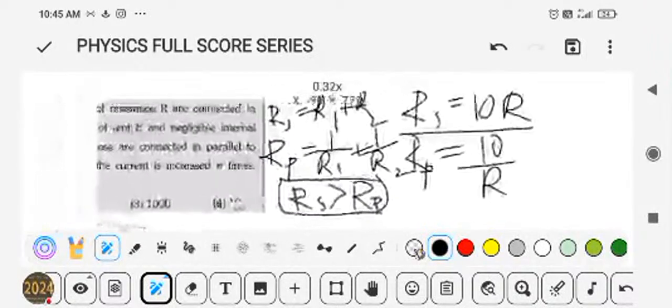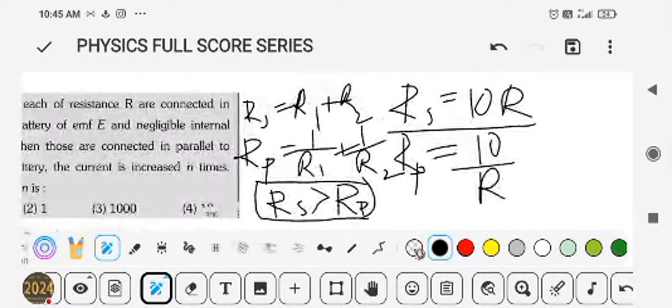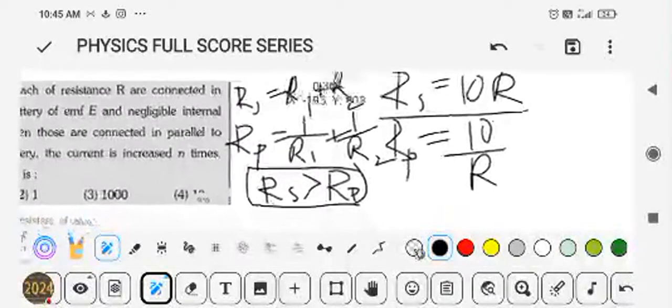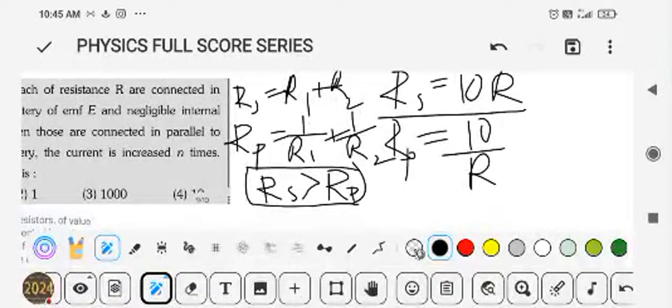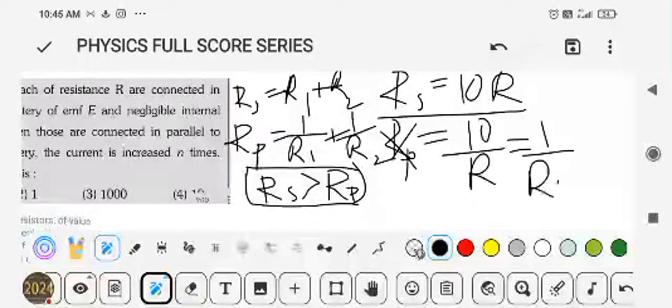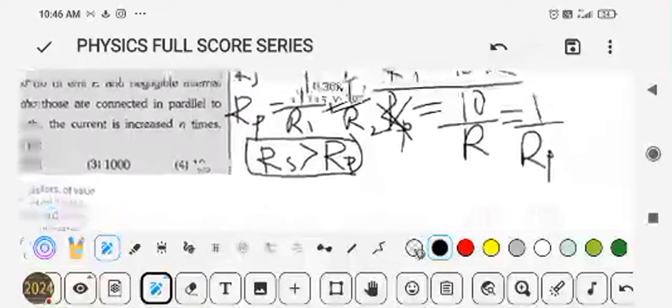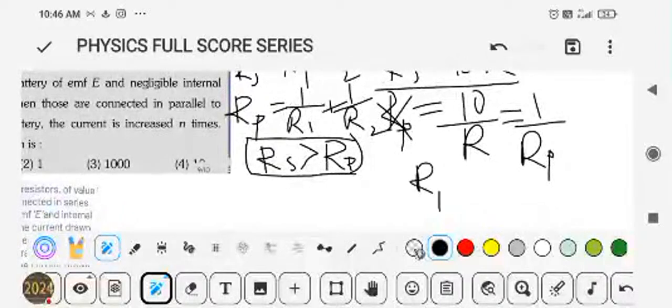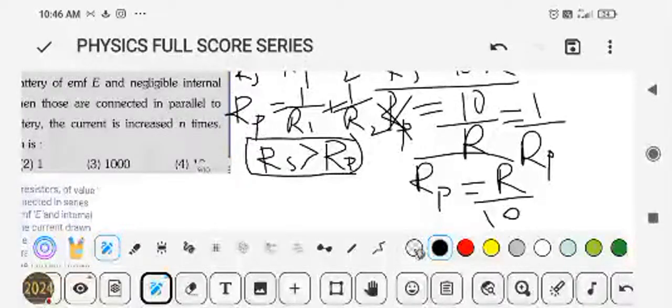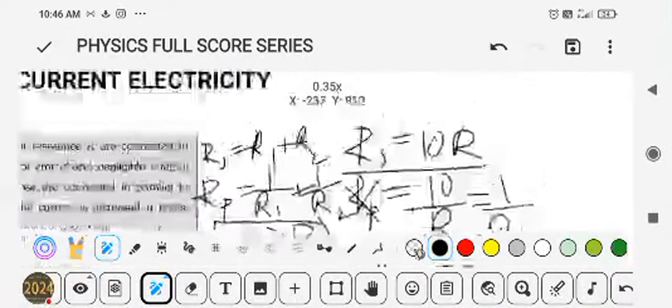Sorry, 10 by R is not the Rp value, this is the 1 by Rp value, because 1 by Rp is equal to 1 by R1 plus 1 by R2, and so on. So you will get Rp as R by 10, and Rs as 10R.